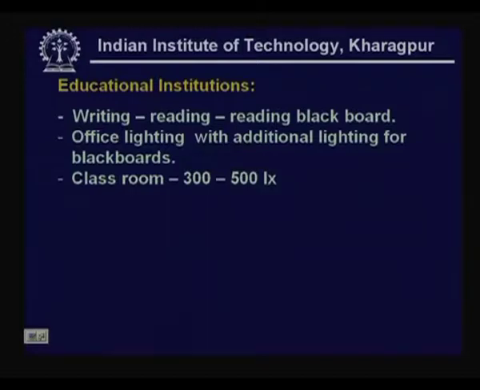Typically, in such an environment, the recommended illuminance levels are between 300 and 500 lux. If you are having handicraft rooms, because there are some vocational training activities in educational institutions where children are made to do work experience kind of activities, and it could involve precision tasks, a higher level of illuminance between 500 and 1000 is recommended.